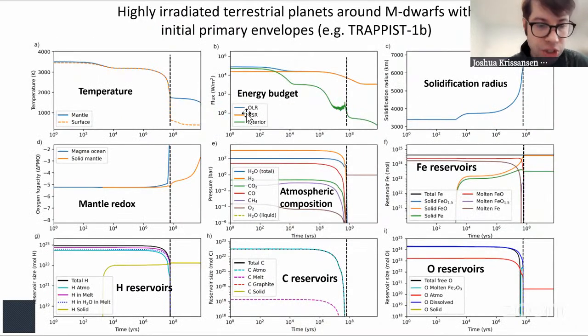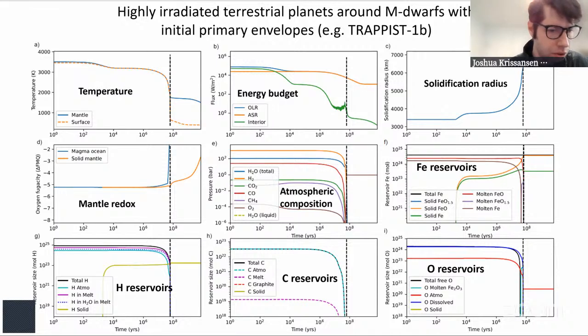Here's an application of that model to, in this case, TRAPPIST-1b, just as an illustration of evolution for a fairly hot object. In this particular model run, we just give TRAPPIST-1b a 0.1% hydrogen inventory just to see what that does.